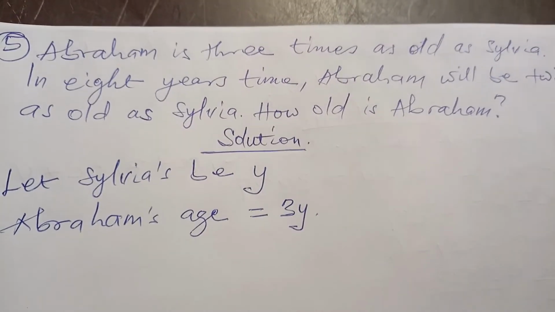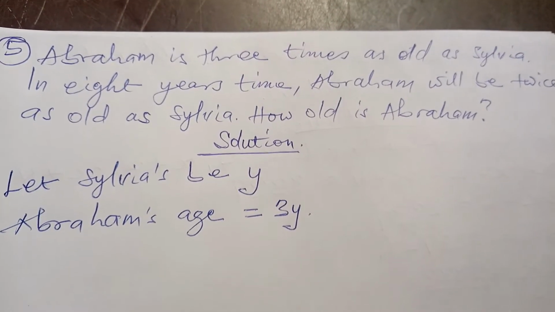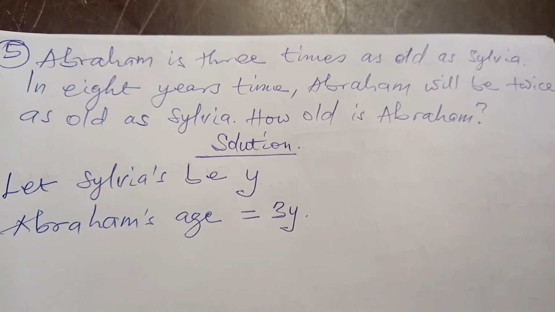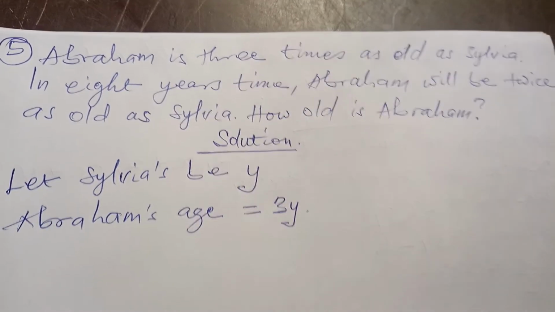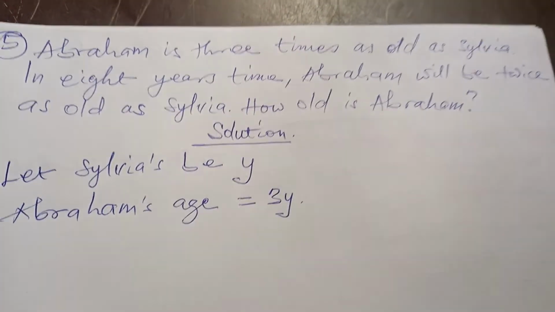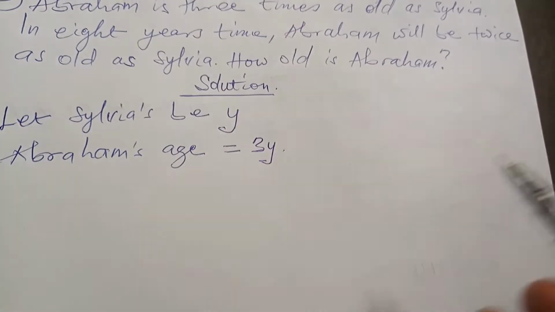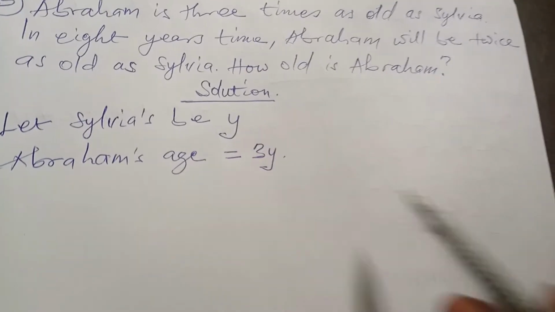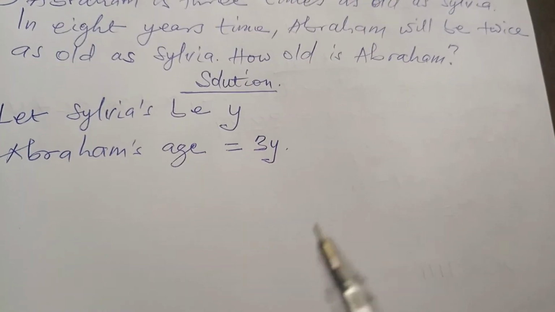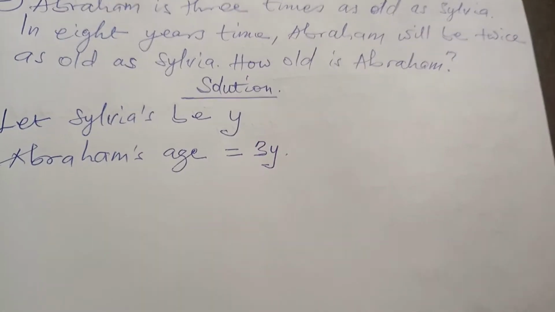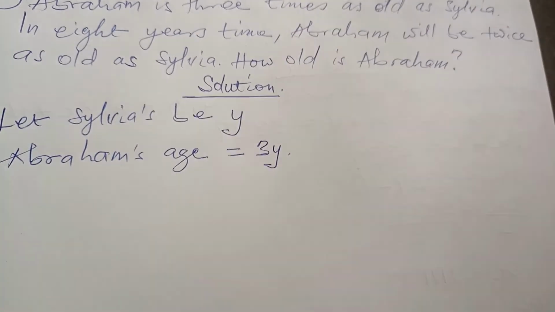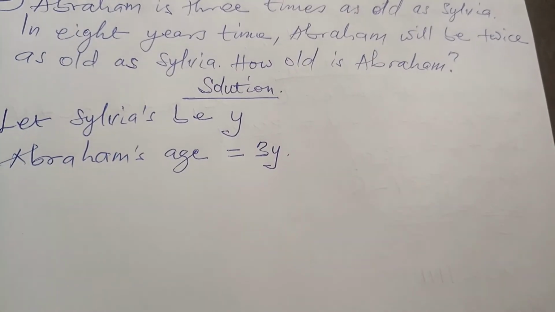Good. Then the question moves on to say that in 8 years' time, Abraham will be twice as old as Sylvia. But we have to find their ages in 8 years' time. Sylvia's age in 8 years' time will be her age now plus 8. And Abraham's age in 8 years' time will be his age now plus 8. So that's just what we are going to do.